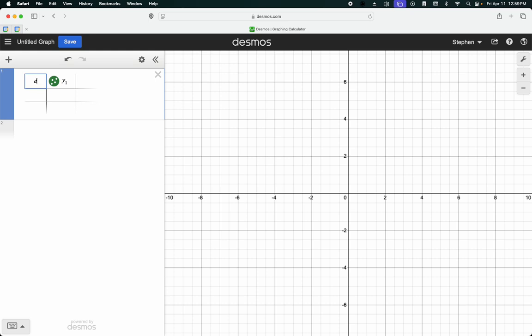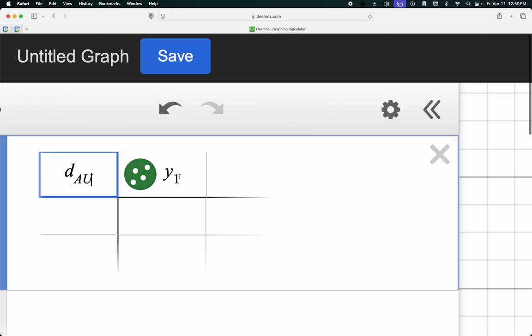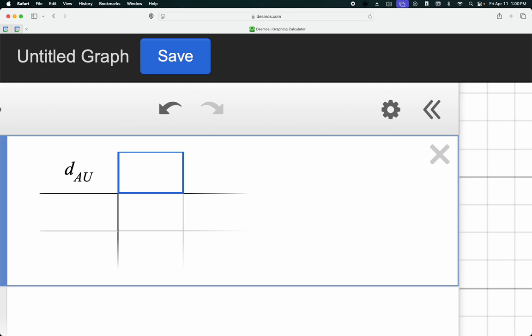So I'm going to type D and then underscore, that's shift minus, and then capital AU. So that's distance in AU. If you're just doing x1, you can just type x and then type 1, and it does the subscript for you. But if you want to do different subscripts, then you can use the underscore key.